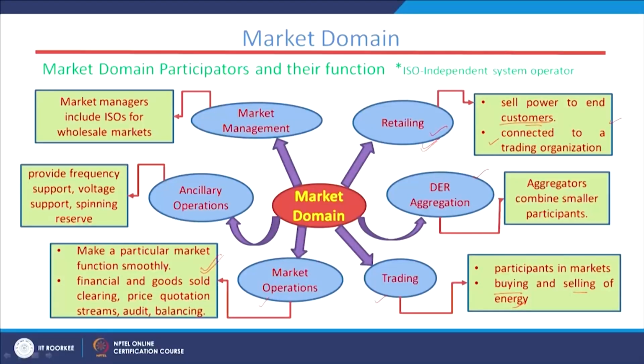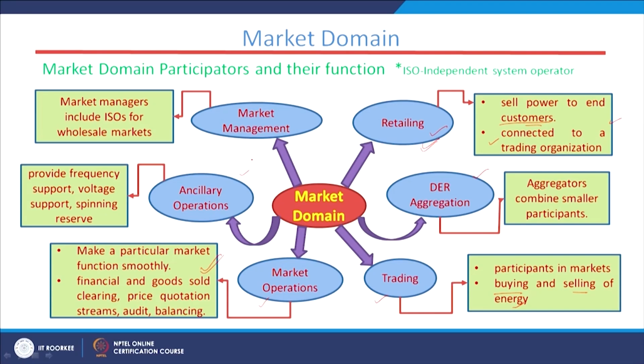And we have ancillary operation. In the ancillary operation, sometimes we have to support the frequency and the voltage and the spinning reserve of the smart grid system. So, these ancillary operations supply the frequency, voltage and spinning reserve support.